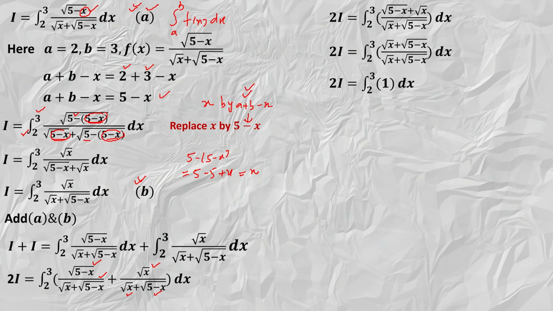After cancelling, we get only 1, and the integration of 1 will be x, and after applying the limits of integration, we get the integral to be 1 over 2. Here we can see that King's property has been used to evaluate this tedious integral.